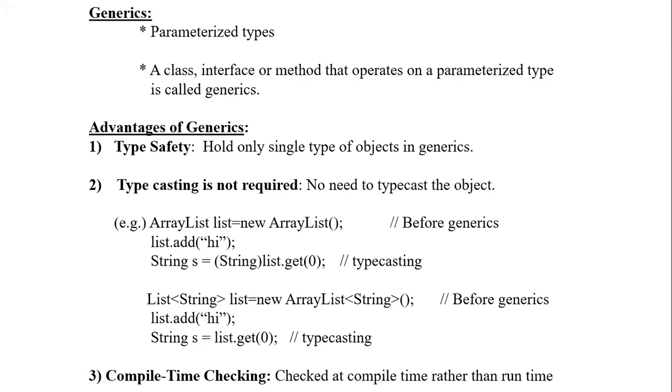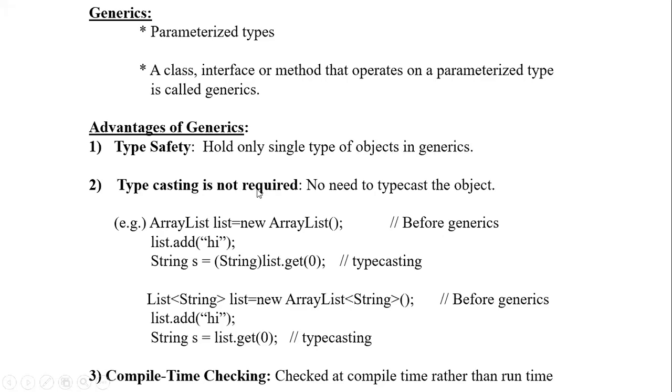That means you are putting a restriction saying that this class should take this type, this method should take this type, this interface should take this particular type. Advantages of generics: type safety. Hold only a single type of objects in generics.